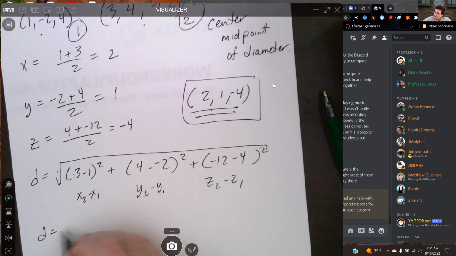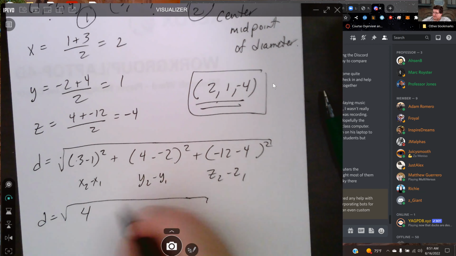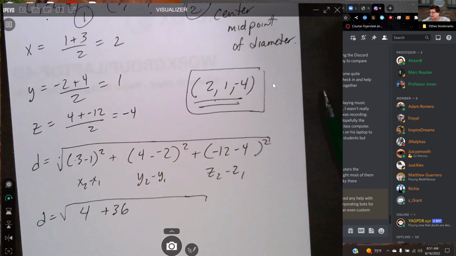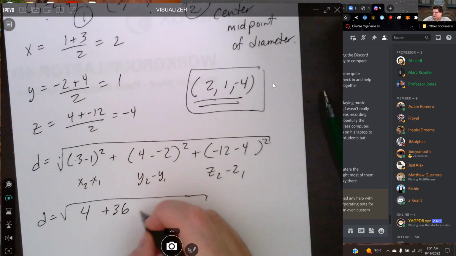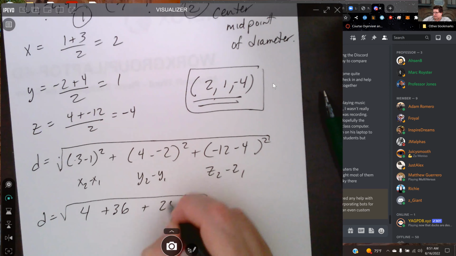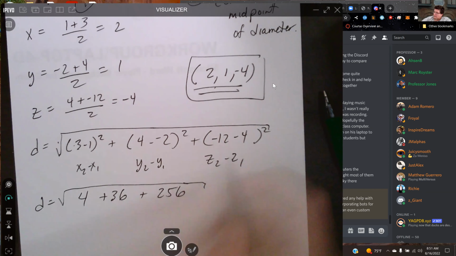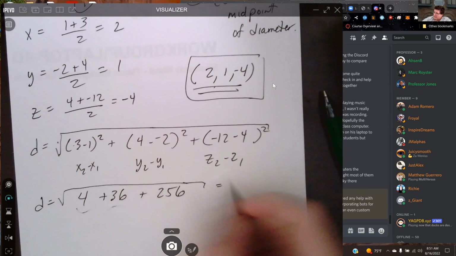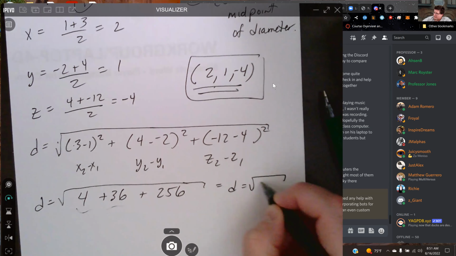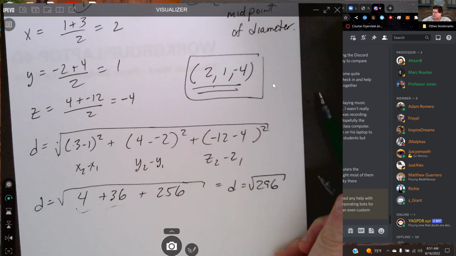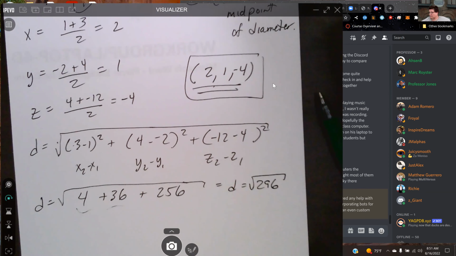So my distance is 3 minus 1 squared, 2 squared is 4. 4 minus -2 is 6. 6 squared is 36. And -12 minus 4 is -16. -16 squared is 256, I believe. So this is 40. I got D equals square root of 296. That might be a number, but I don't know what it is offhand.